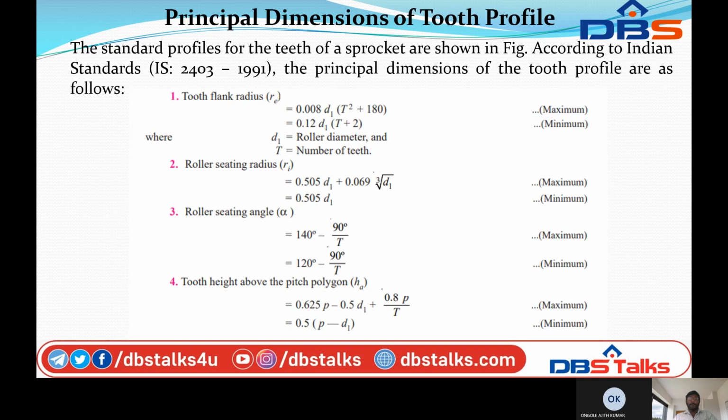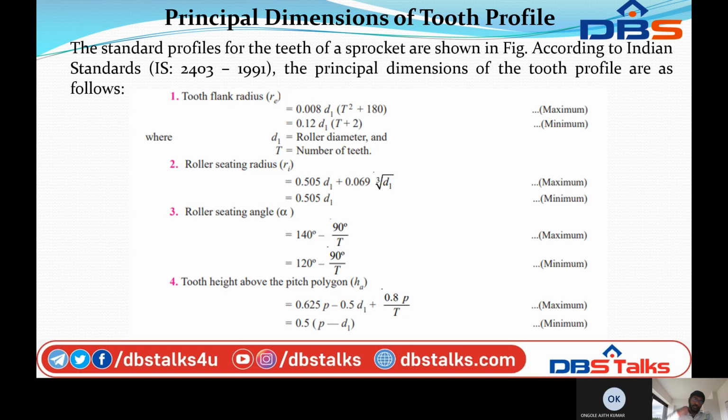Next, principal dimensions of tooth profile. The standard profiles for the teeth of the sprocket are shown in the figure, according to Indian Standard ISO 2403 to 1991. The principal dimensions of the tooth profile are as follows.